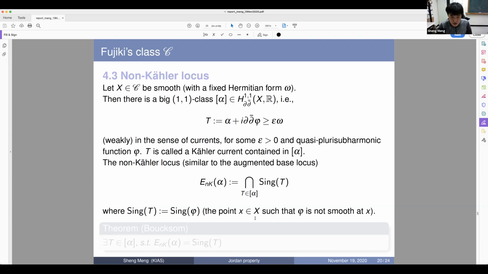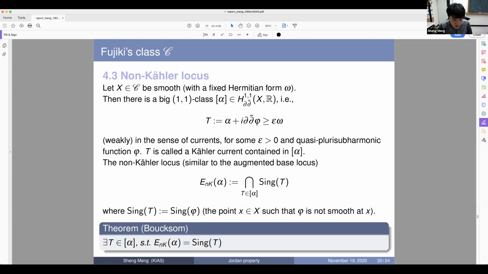By a result of Boucksom, we don't need to take all the intersections. We can find one current T such that the non-Kähler locus is just the singular locus of this Kähler current.